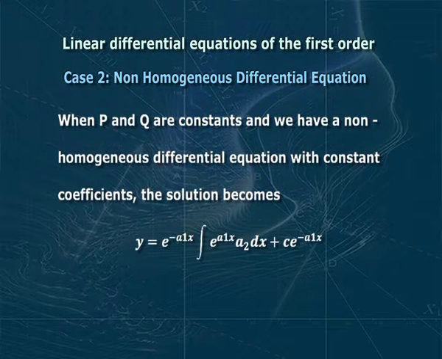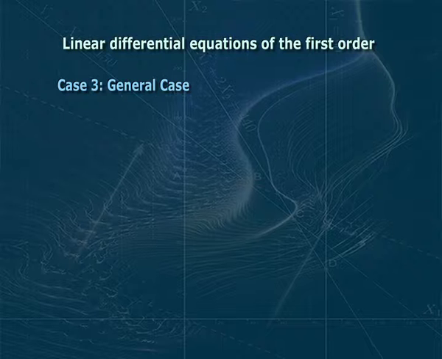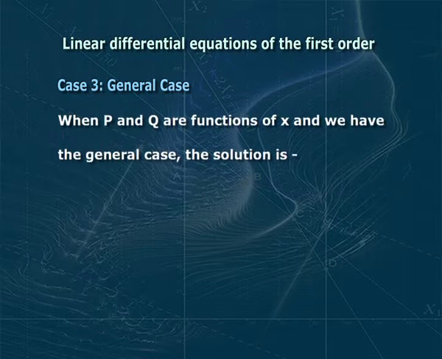When P and Q are constants, and we have a non-homogeneous differential equation with constant coefficients, the solution becomes y is equal to e raised to power minus a1 x, integration of e raised to power a1 x into a2 dx, plus C e raised to power minus a1 x, which is further equal to C e raised to power minus a1 x plus a2 divided by a1.